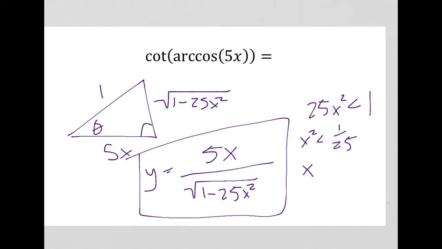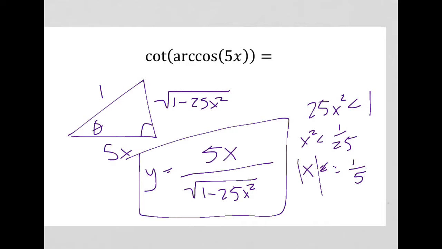which means that x is less than, plus or minus 1 over 5 when we take the square root of both sides. Which is kind of weird when you take the square root in an inequality, but really what it's saying is that the absolute value of x needs to be less than that right there.